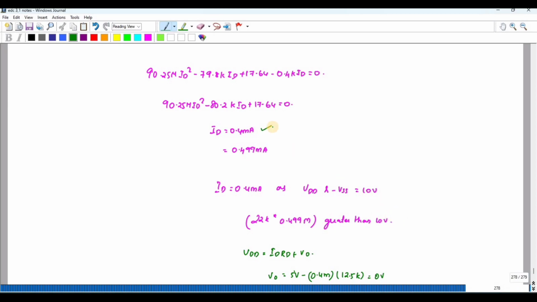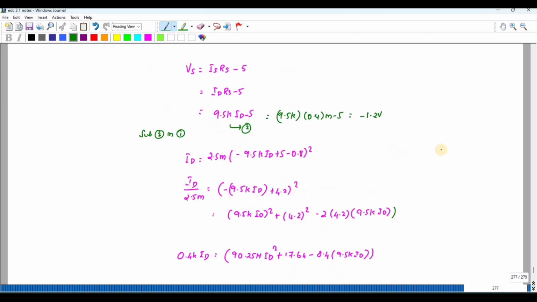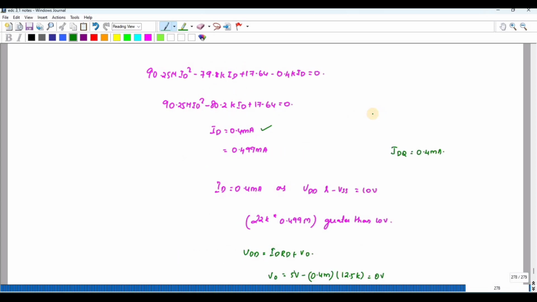So what is the IDQ value? IDQ is nothing but 0.4 milliamps. I am going to substitute this ID in the second equation, and I will get Vs equal to minus 1.24 volt. Next, VDD is equal to IDRD plus V naught, as you can see in the diagram.